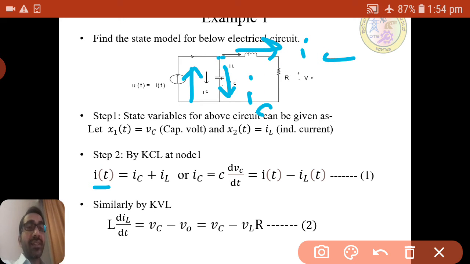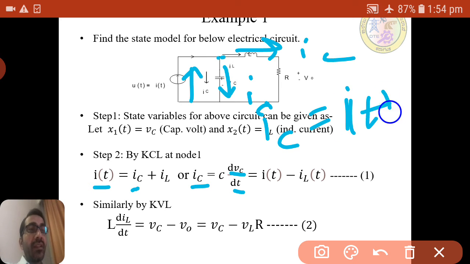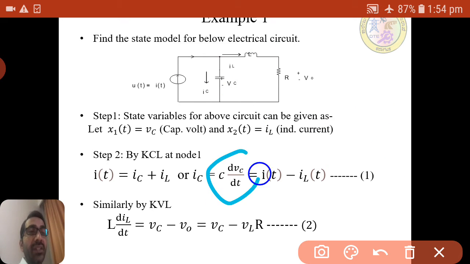Now IC can also be given as C into dVc by dt, the derivative of Vc with respect to t. So IC is equal to I of t minus IL, and IC we represent as C into dVc by dt. Let us consider this as equation number 1.